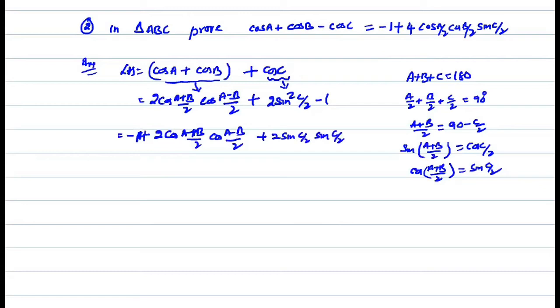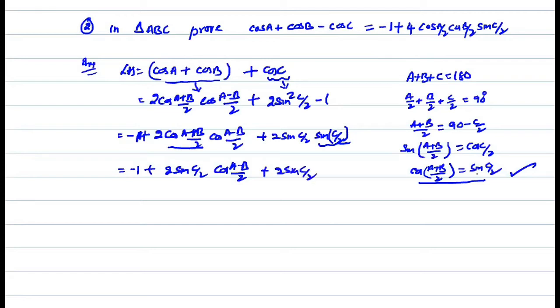I will convert one sin C/2 to cos of (A+B)/2, and cos of (A+B)/2 as sin C/2. I use only this. Look here, this is minus 1. Cos (A+B)/2 is taken as sin C/2, and the remaining part cos (A−B)/2 is as it is. And then 2 sin C/2 as it is, and one sin C/2 can be written as cos of (A+B)/2.